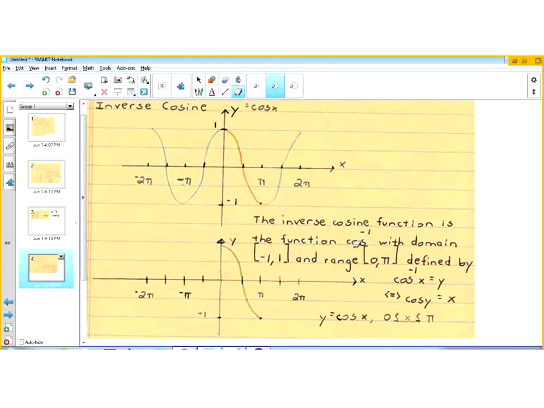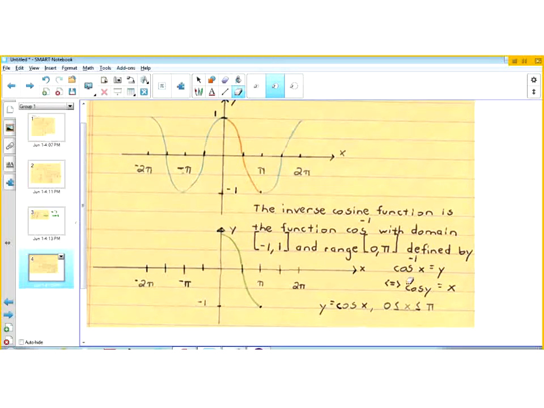So the inverse cosine function is the function cosine inverse with domain, okay, so in this case the domain ranges from -1 to 1, so it covers the full range of the cosine function. But this time the range is from 0 to pi. Okay, 0 to pi. And so we define inverse cosine of x equals y, or cosine y is equal to x.